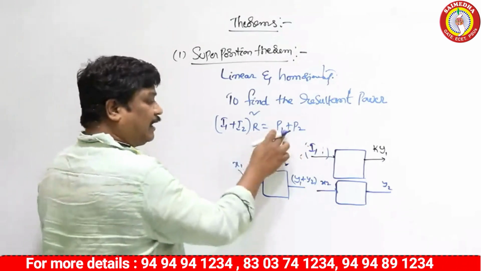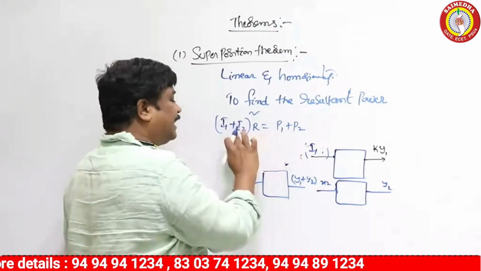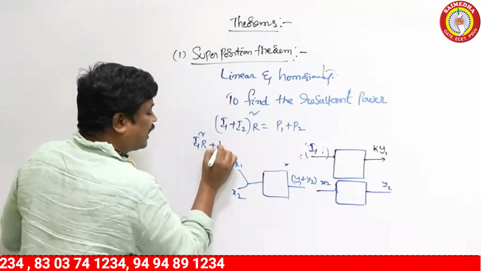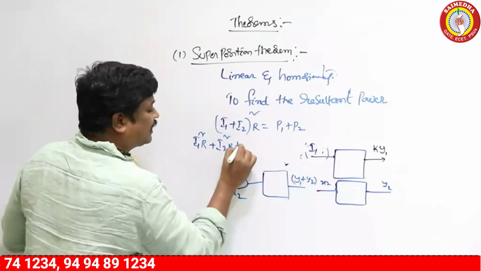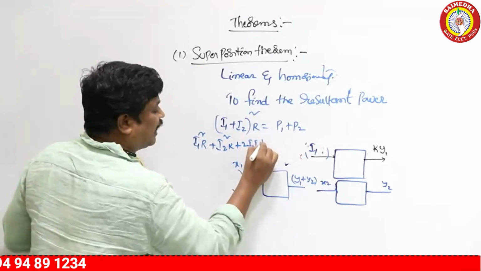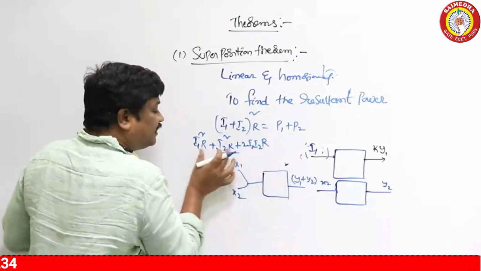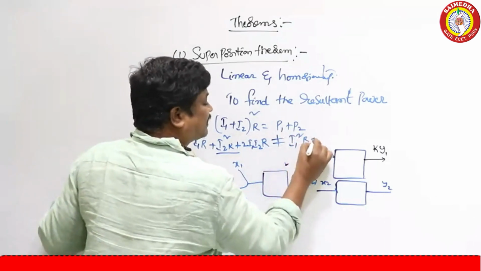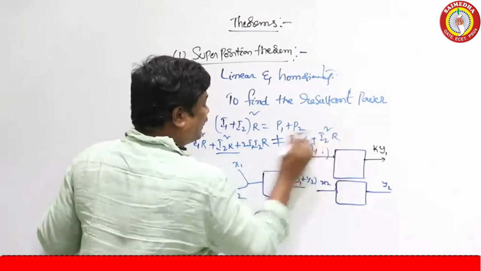I1 plus I2 whole square means I1 square R plus I2 square R plus 2 I1 I2 R. This is not equal to I1 square R plus I2 square R. These two are not equal.